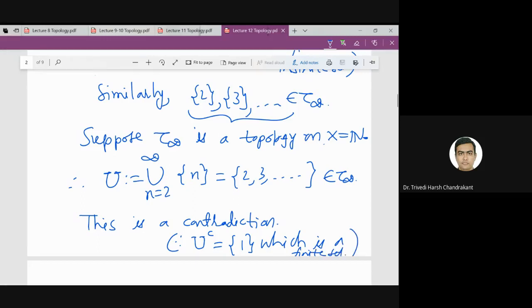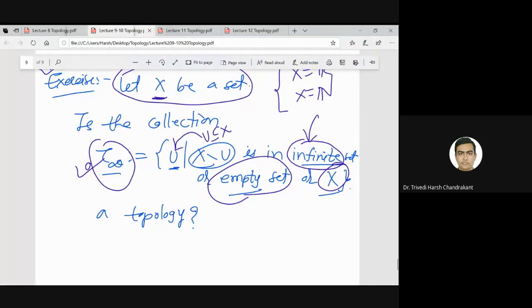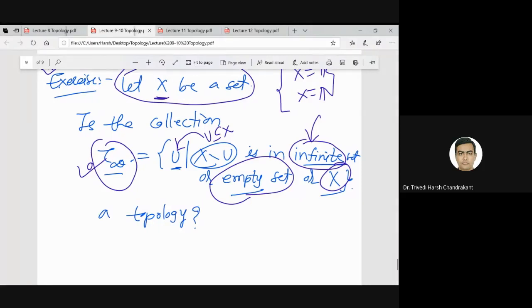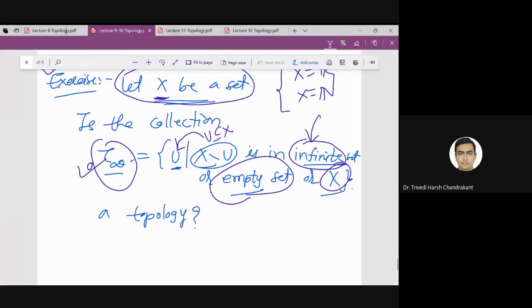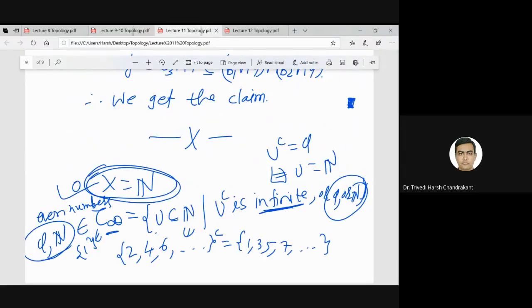Right, so this is what we already discussed in the last lecture. Some of the students have mentioned this, so just revising that. Therefore, this is not a topology on the set of natural numbers. We are not saying for every set this is not true; we are saying for X equal to N this is not true. That means in general this is not a topology for a general set X. Okay, so this is regarding that example.